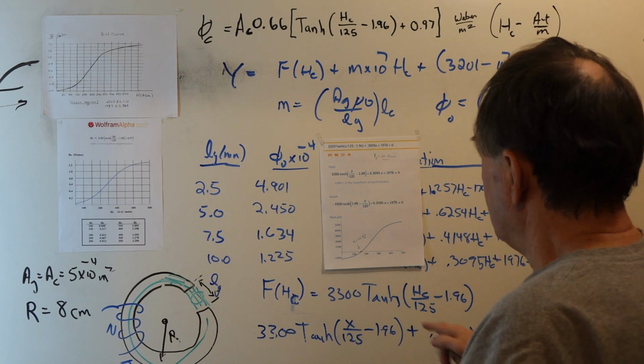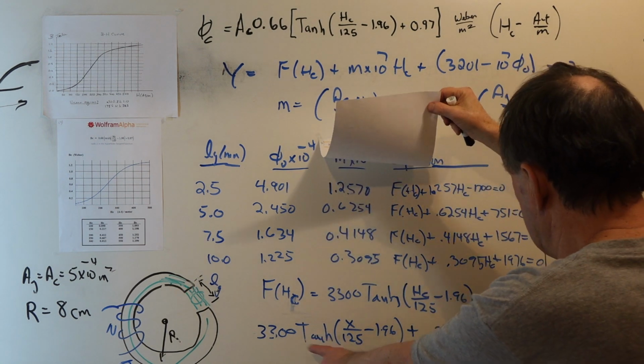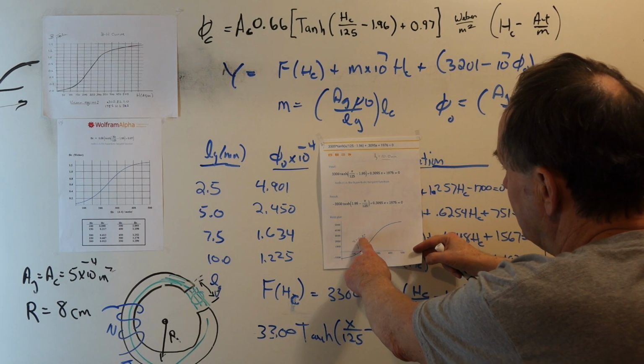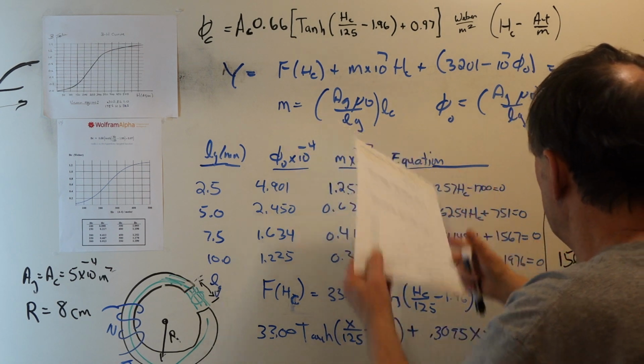So, again, to recap, we just use the equation here, use Wolfram Alpha to find the root. You get the value of HC.